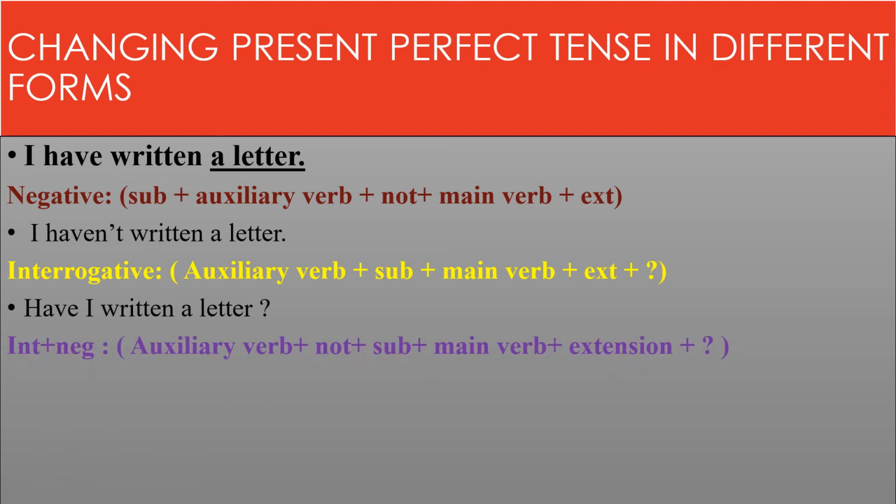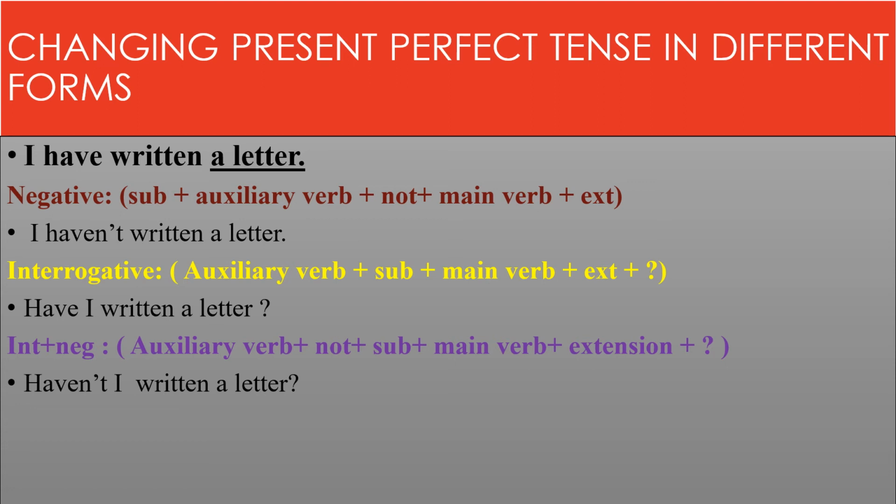And interrogative negative, auxiliary verb plus not. If you want to make interrogative negative, you have to write auxiliary verb with not before the subject, and then main verb plus extension. Okay, example: Haven't I written a letter? Okay, we are changing this sentence into different forms.